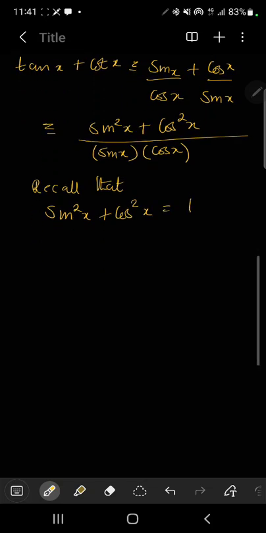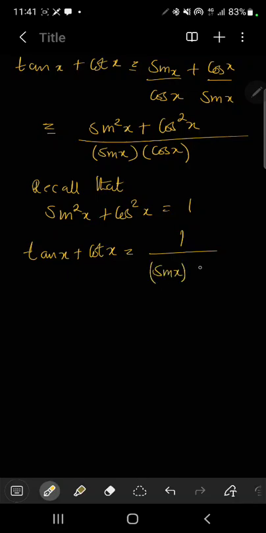So in short, tan x plus cot x is equal to 1 over sine x cos x.